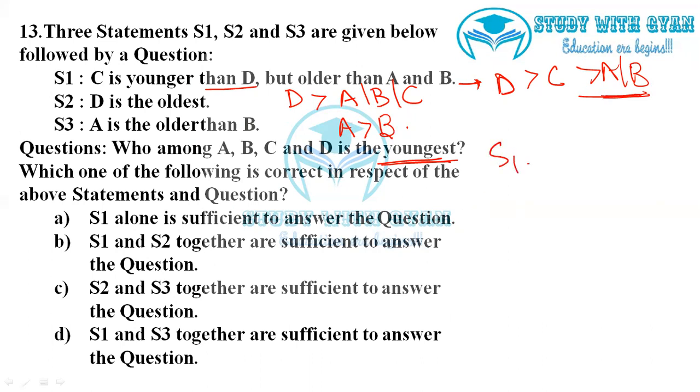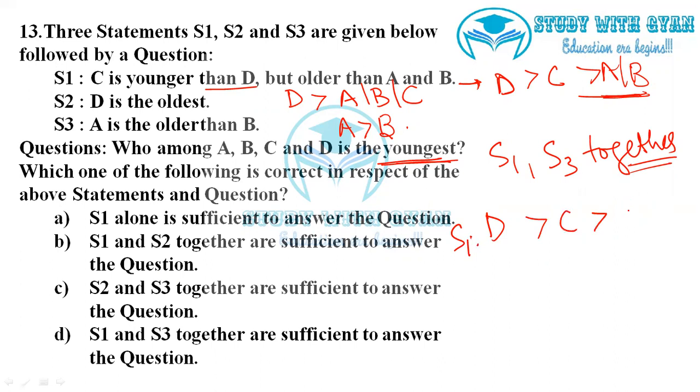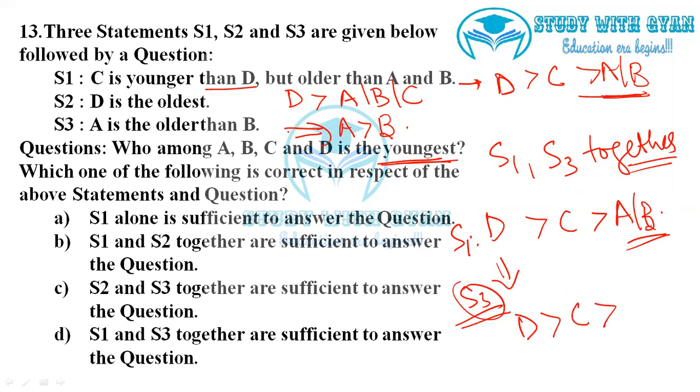But if you take S1 and S3 together, from S1 you can easily see D is greater than C and C is greater than A and B. And when you merge statement 3 here as well, A is greater than B is given. So D is greater than C, C is greater than A, and A is greater than B. So what you can conclude here is B is the youngest one among all 4 persons.